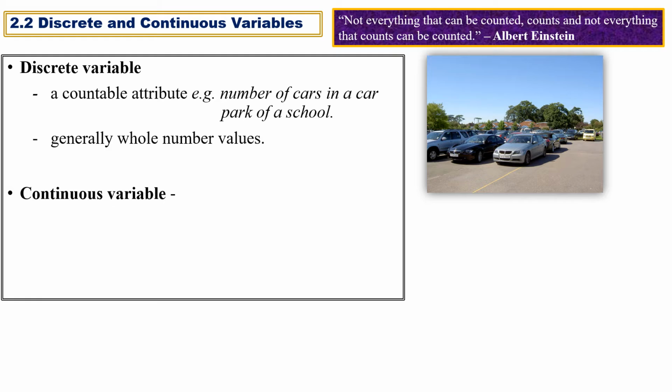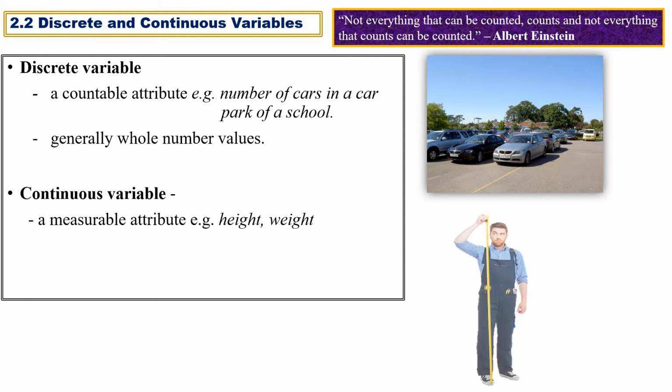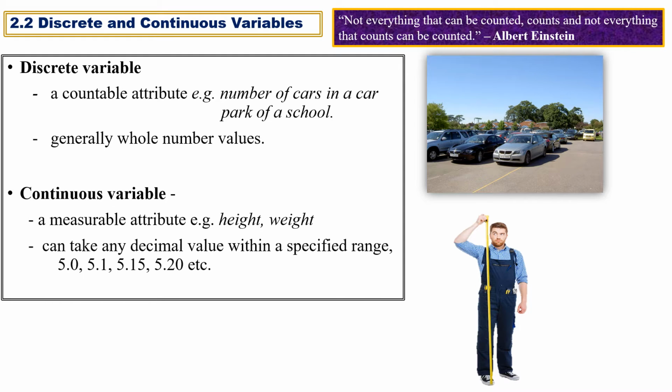For continuous variables, which are actually measurable attributes, for example, height or weight, these tend to take up any decimal value within a specified range. So for example, if the range is from 5.0 to say 5.5, you might get values like 5.0, 5.1, 5.15, or 5.20, etc. That is expected if your variable is continuous.